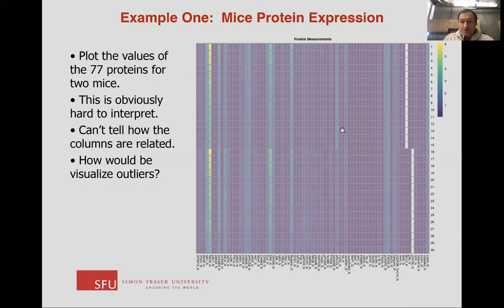I mean, it looks like some of these are perfectly correlated. Who knows? So although it's a pretty tiled visualization, it's hard to get much out of it, and moreover, it's quite hard to visualize outliers if we were interested in identifying those.